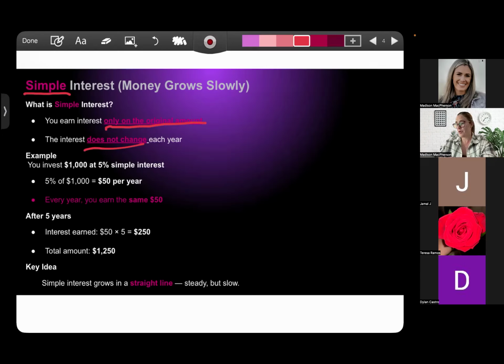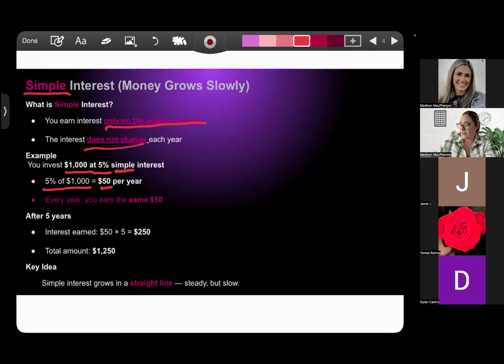For example, if you invest $1,000 at 5% simple interest, then that means you're going to earn 5% of $1,000. 5% of 1,000 is $50 per year. So every year, no matter what, you're going to get $50. So that was that option A that we saw on the last slide.